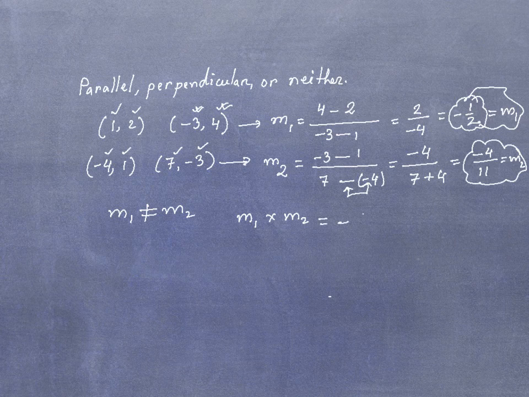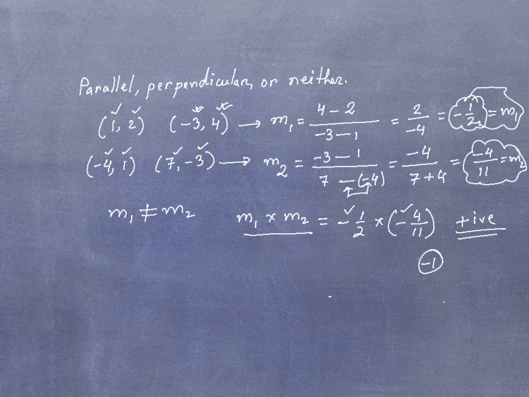So let's try it. -1/2 times -4 over 11. I don't need to do any further calculation. This is a negative number, this is a negative number. If I multiply two negative numbers, I get a positive number. Doesn't matter what the number is, it's a positive number. But we are looking for -1.